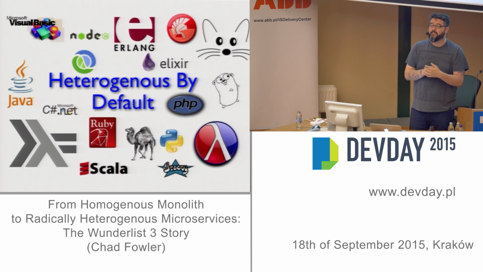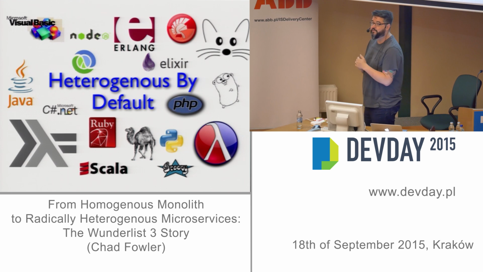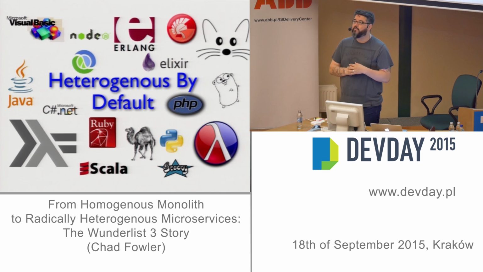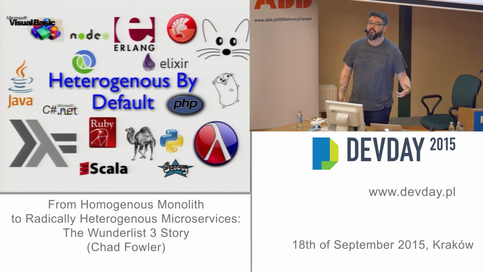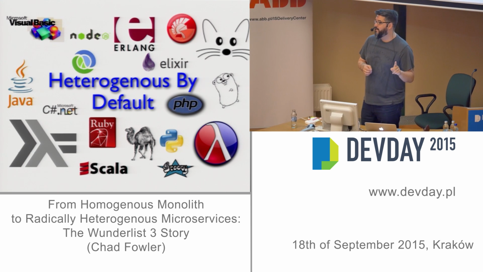So we made the decision that we were going to be heterogeneous by default in our infrastructure, which means rather than the normal thing where you say, well, we all know Ruby, so let's invest in Ruby and really make our Ruby infrastructure great, or our .NET infrastructure, or JVM, whatever, we said, no, we explicitly want to avoid that.